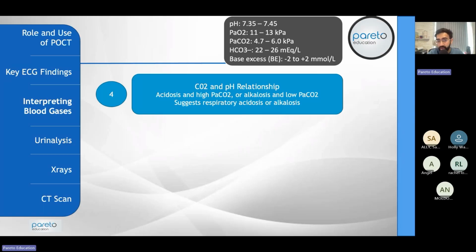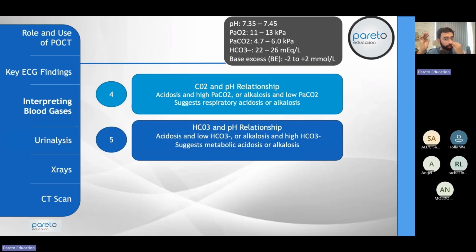Acidosis and high levels of partial pressure of carbon dioxide, or alkalosis and low levels of carbon dioxide, suggest respiratory acidosis or alkalosis. So if CO2 is raised or reduced, it's always going to be respiratory. And similarly, if the bicarb is low and there's an acidotic pH, or if the bicarb is high and there's an alkalotic pH, then this is likely to be metabolic in nature.